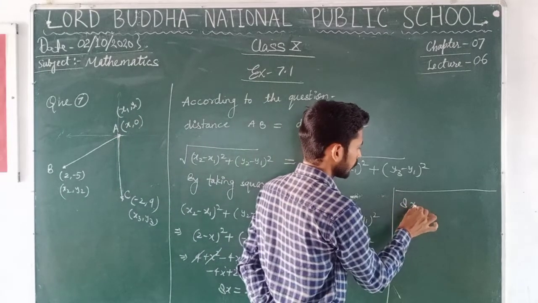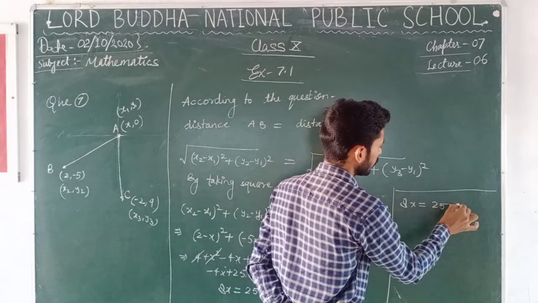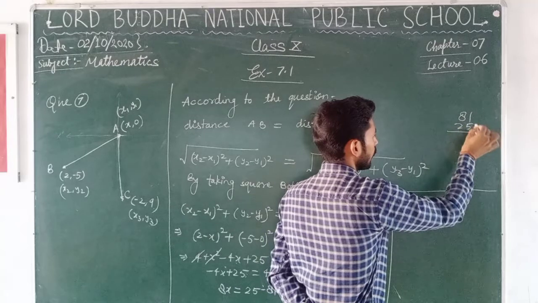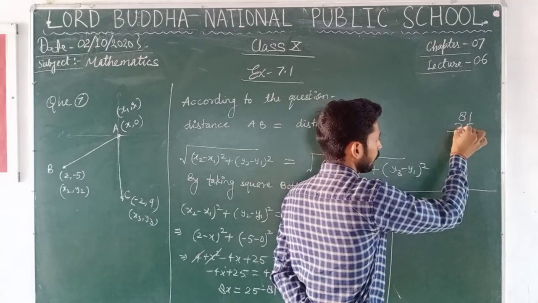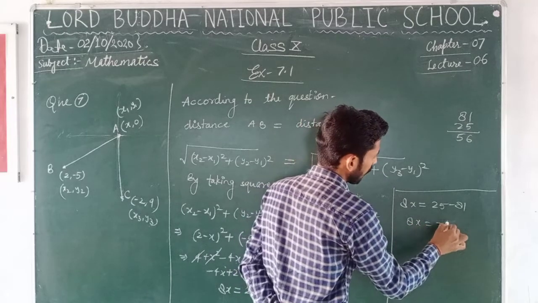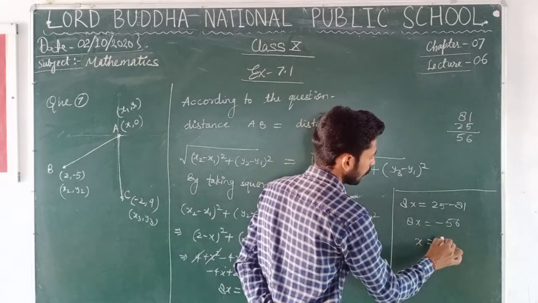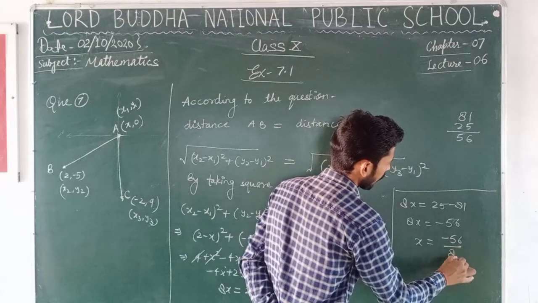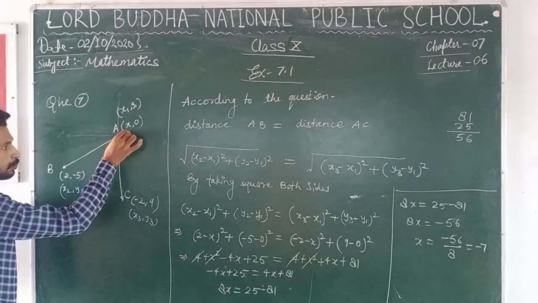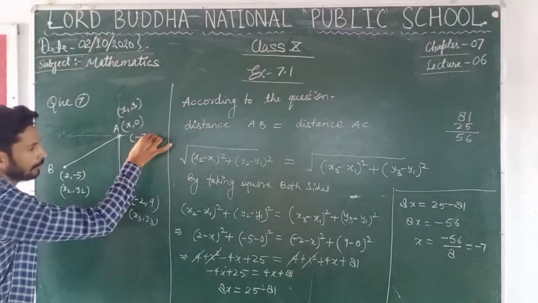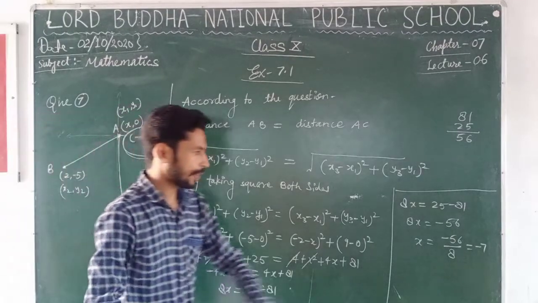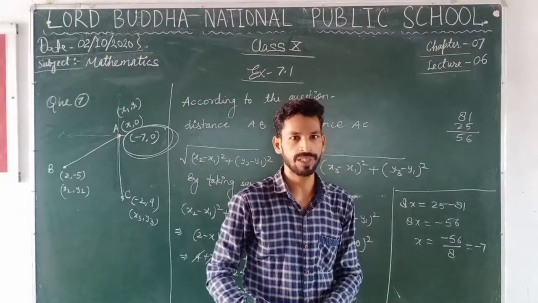Subtracting, 8x is equal to minus 56, and x will be minus 56 divided by 8, which is equal to minus 7. So we can say that this point is (-7, 0). That is the answer. The value of x is minus 7, that is the answer of this question.